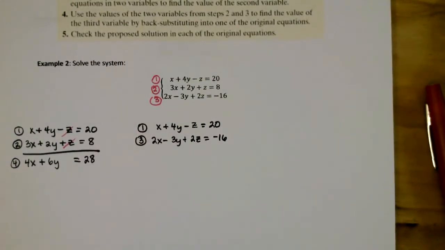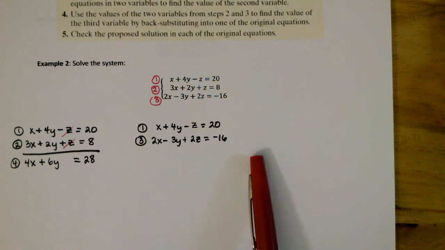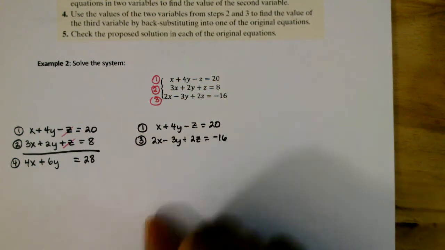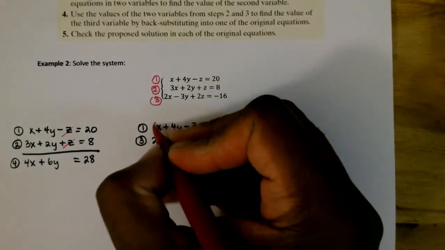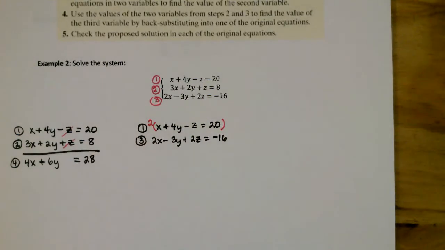All right, now for me to eliminate a z, because I want to pair that fifth equation, that new equation with equation 4, I need to make that minus z minus 2z. And to do that, I need to multiply that top equation by 2.